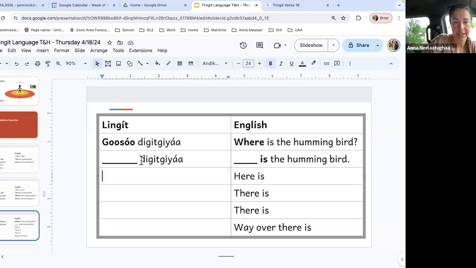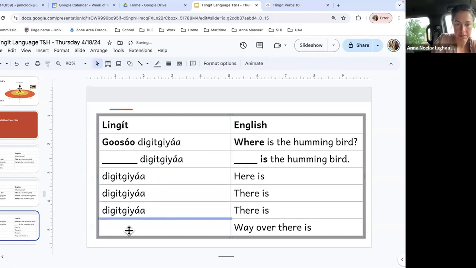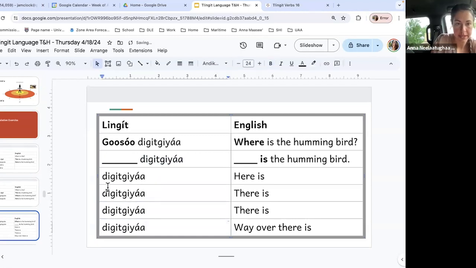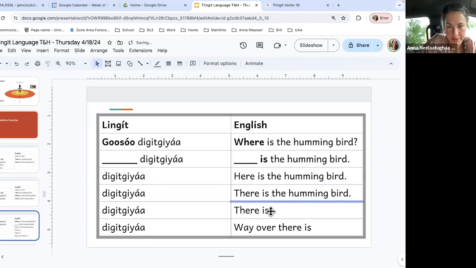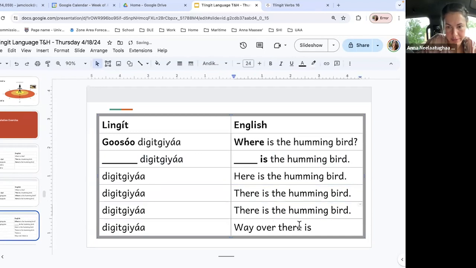So if you had to get Gia for all of them. The hummingbird. Is this helpful, guys, or am I just making it worse?